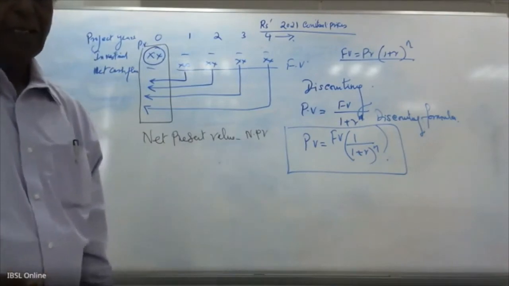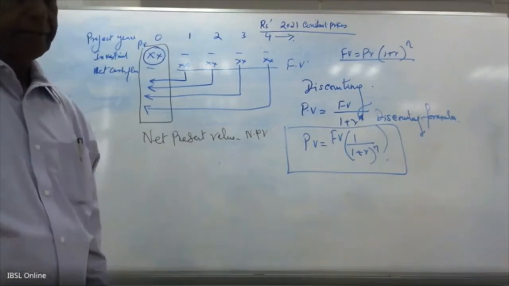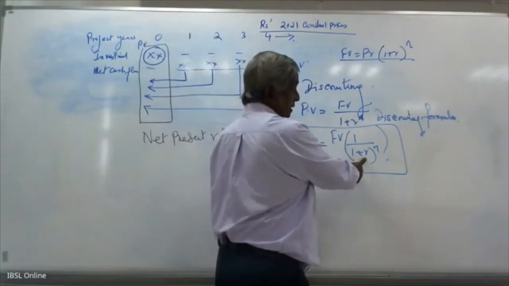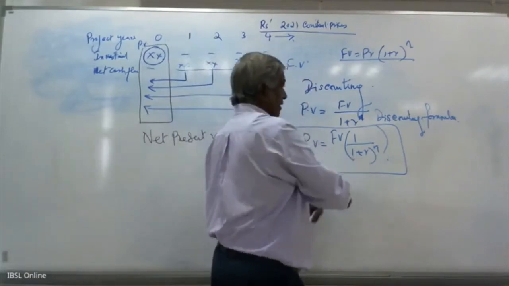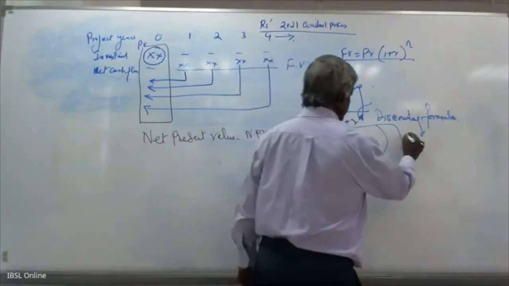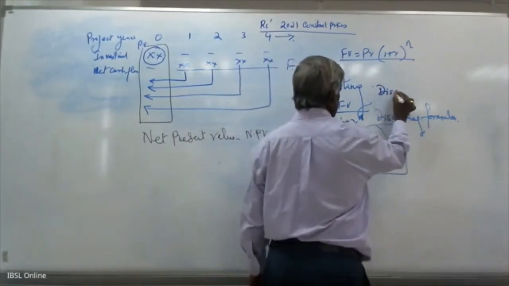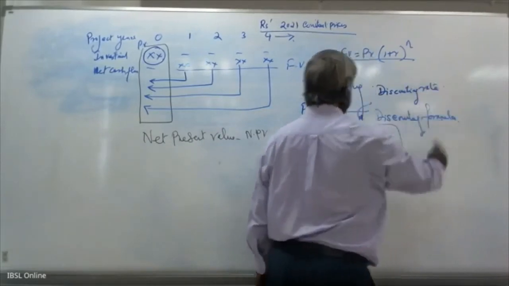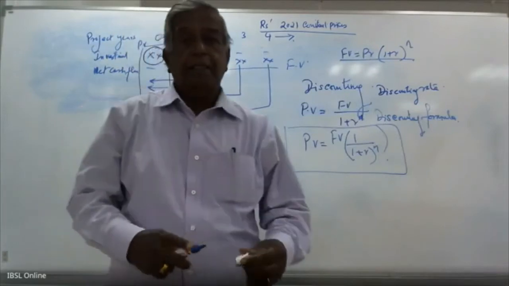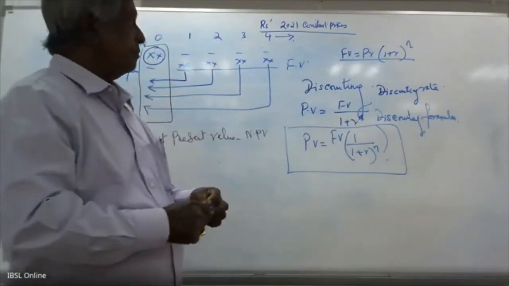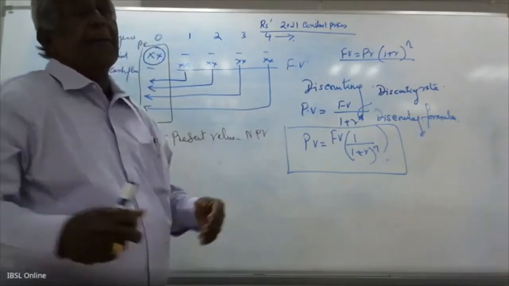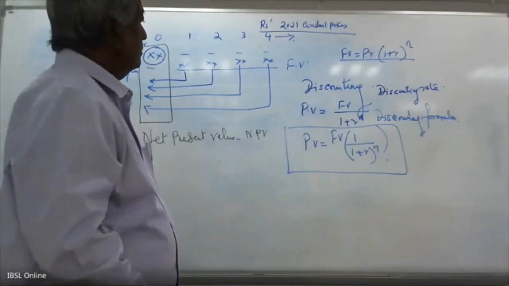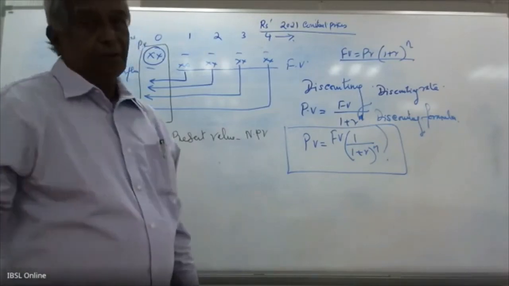We use it in project financial analysis. And r is the interest rate used in discounting, so it is called the discounting rate. And n is the number of years. So this is discounting.